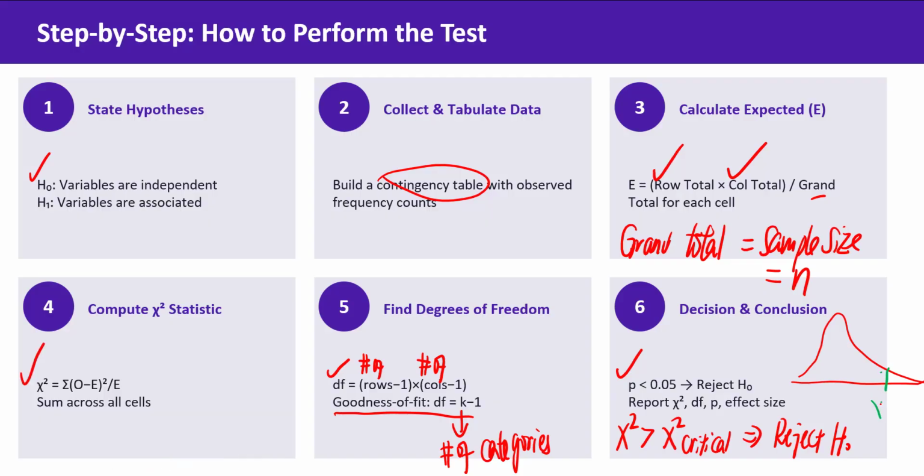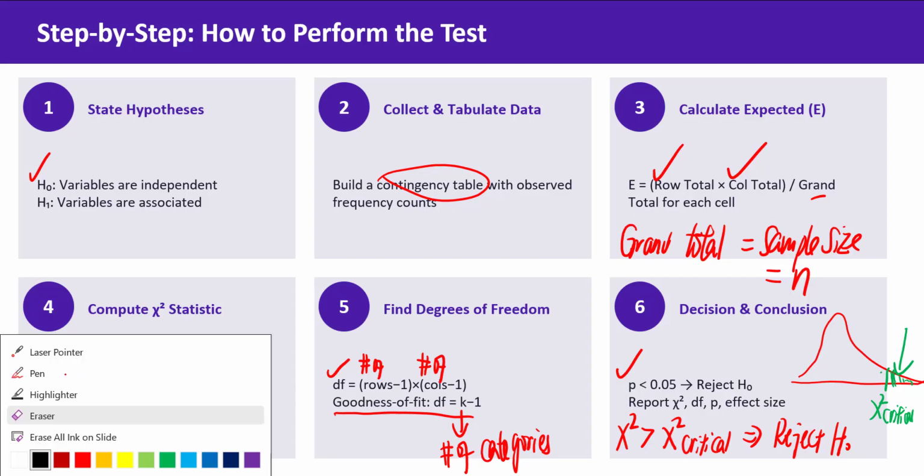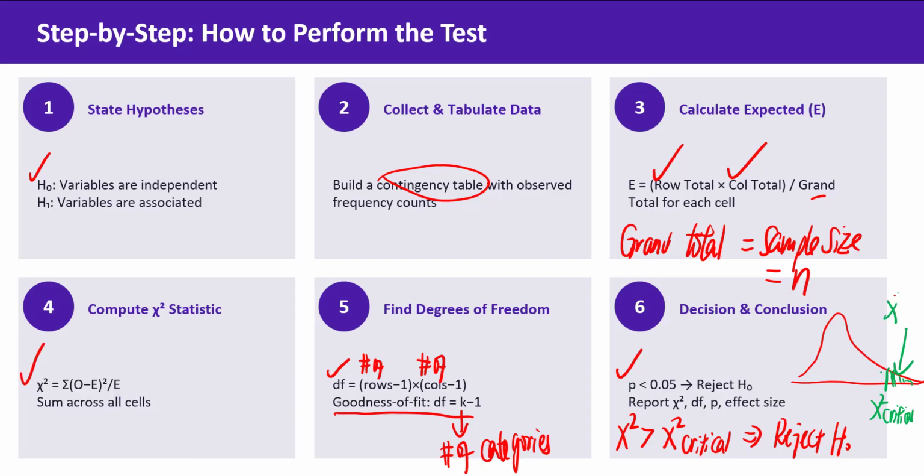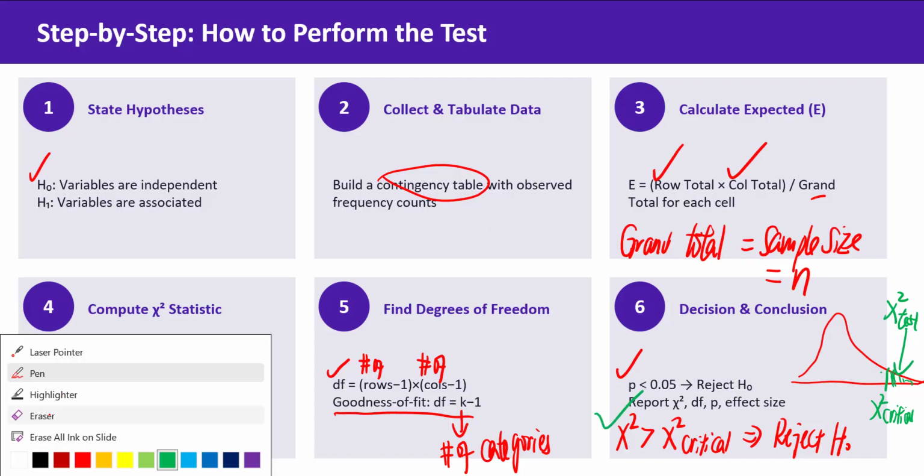This is the chi-square critical value. So the rejection region is on the tail. So if the chi-square test statistic falls in the rejection region, then we reject H0, right? That's why this is true. Okay. So two different methods.